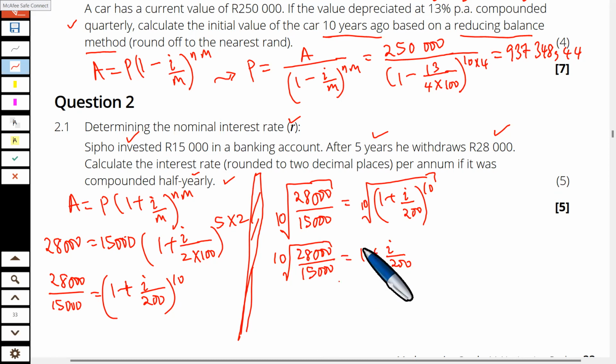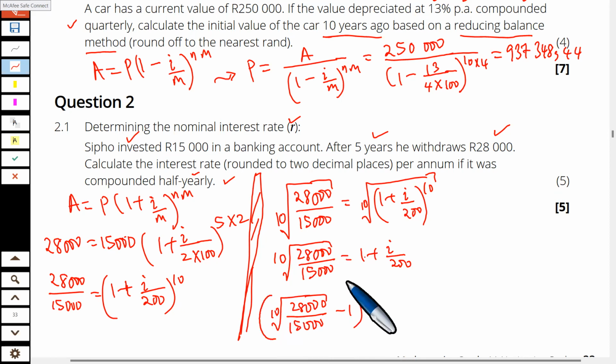So the 1, you bring it across. It becomes the 10th root of 28,000 divided by 15,000, minus 1, which has been transposed, and you multiply by 200. This is going to give us i.